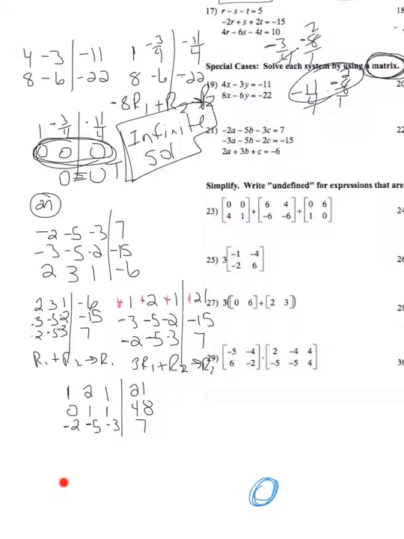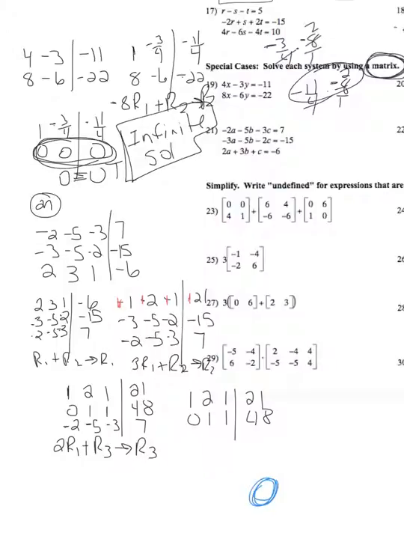Okay, I want this one to be 0 next. So how about I just do this times 2 plus that one. So I'm going to go 2 times row 1 plus row 3 into row 3. Okay, 1's not changing. So 1, 2, 1, 21, 0, 1, 1, 48.